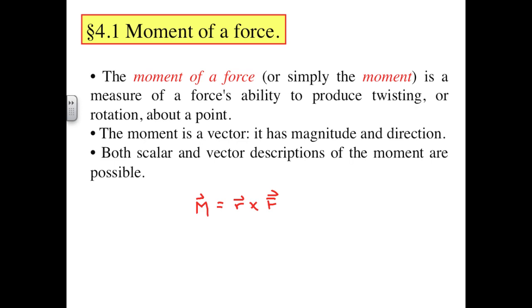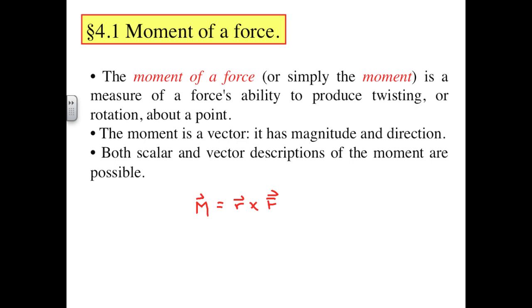This turns out to be most useful in two-dimensional problems where both the position vector and the force vector are in the xy plane. Under these conditions, we know that the moment is out of plane, that is to say the z direction, and so there is no ambiguity about the direction of M. It is either up or down relative to an xy plane on your paper.